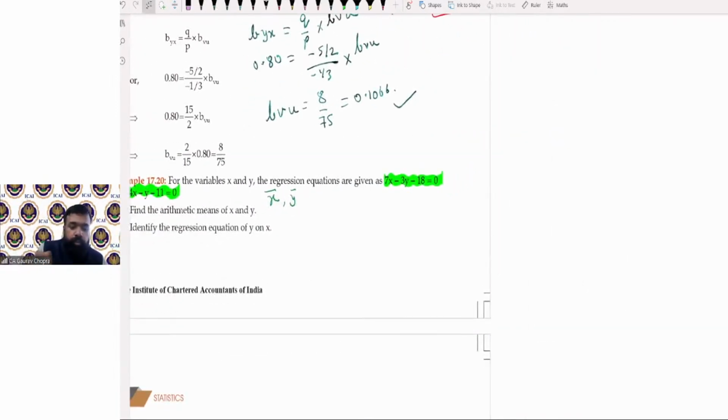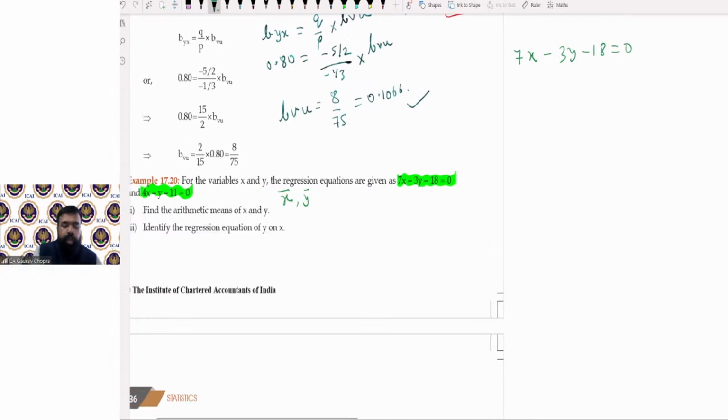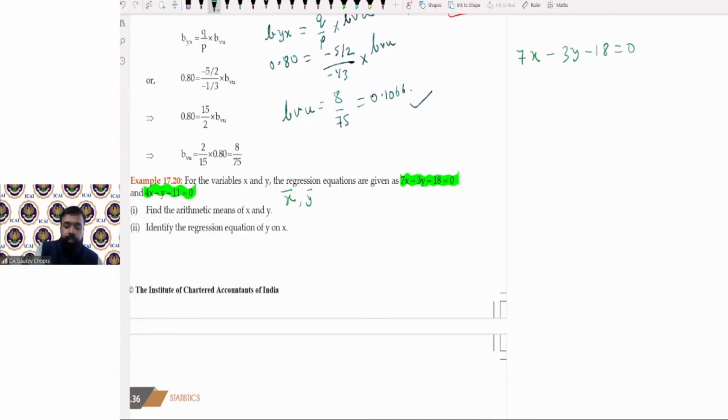So let's solve. First is 7x minus 3y minus 18 equal to 0. And the second equation was 4x minus y minus 11 equal to 0. So if you want, you can substitute the value of y from it.